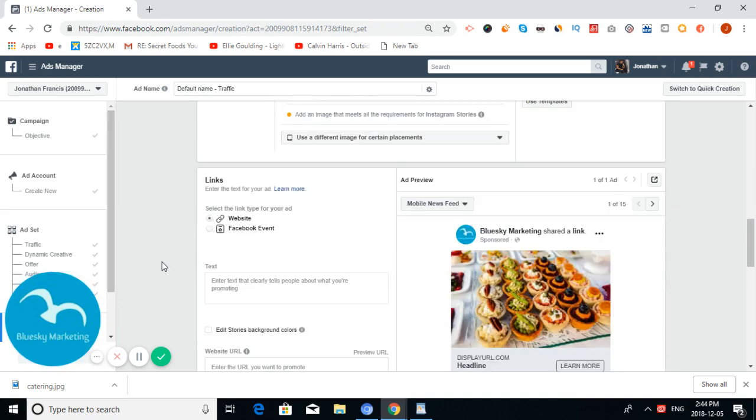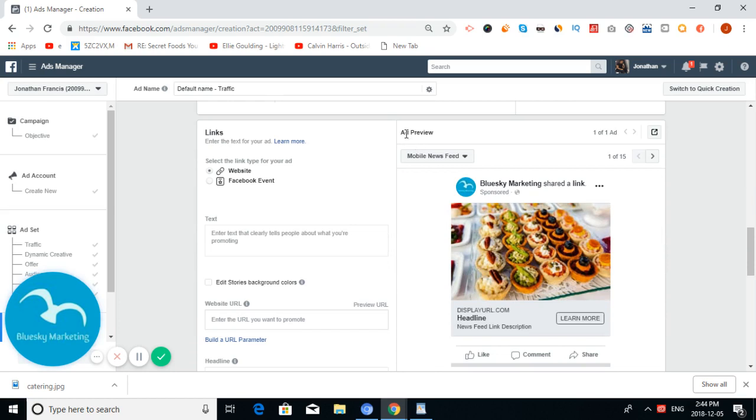So as I scroll down here, it gives you an actual ad preview of how it looks so far. Because we're going to edit the ad right here. I'm going to show you in a second. And then you can see what the ad looks like on the right hand live preview with everything we write. So let's just say this is an ad for a catering company. We could again just use generic text.